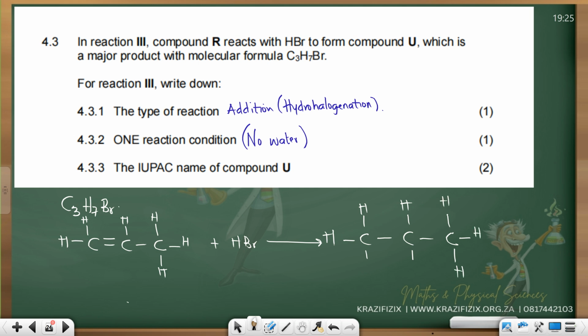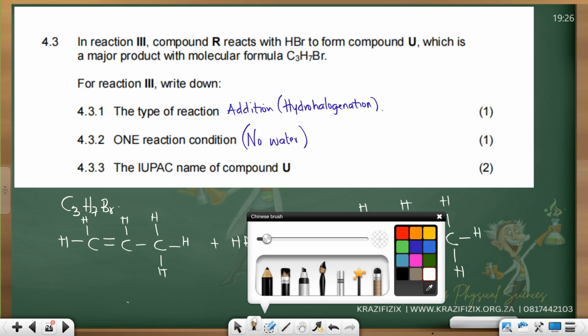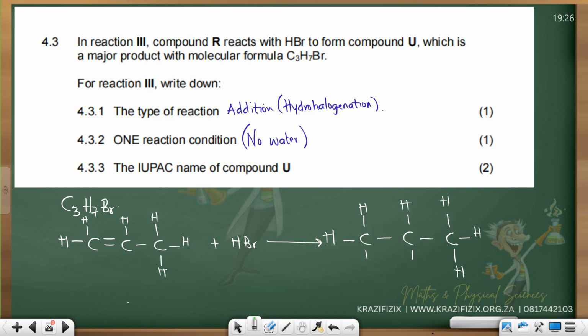I have these two ends open. I need to put H and Br. You need to be careful about this one. But where is H going to go? H is going to go to the first carbon. Why? The rich gets richer. So this carbon atom has two hydrogen atoms. This one only has one.